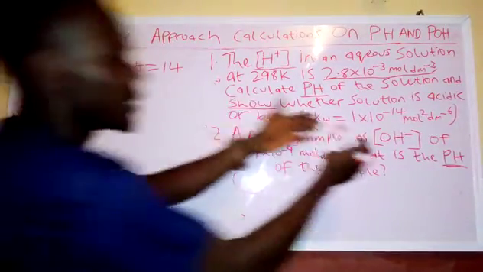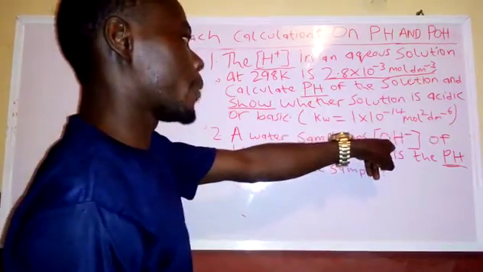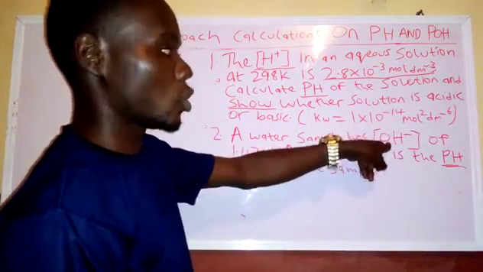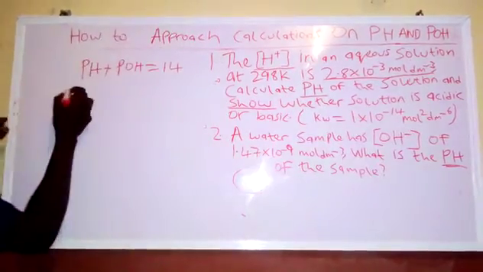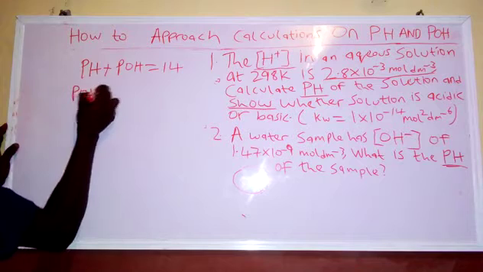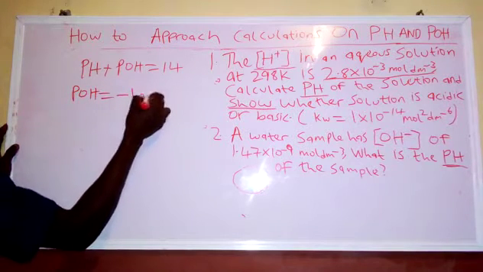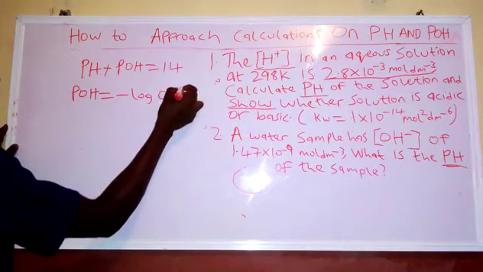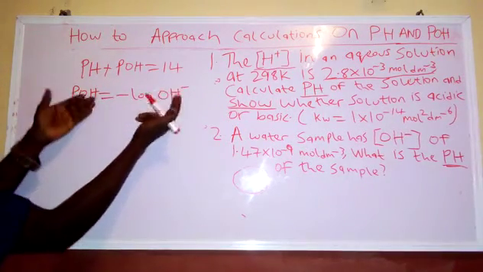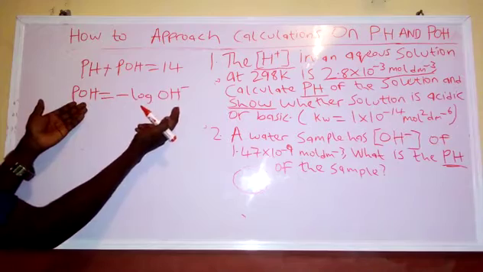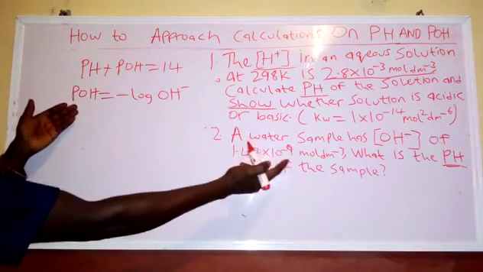Another step is that you can easily know your pOH from your hydroxyl ion concentration. How? Don't forget another formula that says pOH equals minus log, that's negative logarithm, of OH negative. Can you see? Hydroxyl ion. So now you can easily know your pOH from here.